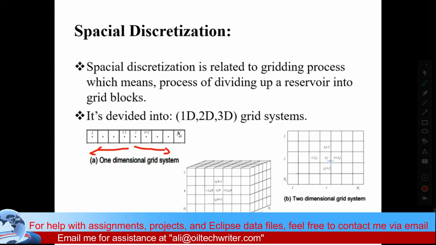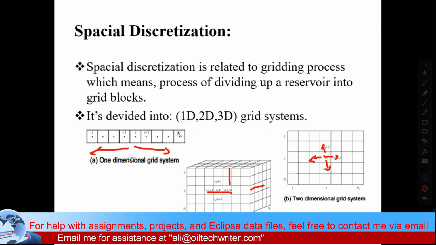Here the fluid can flow in this direction or that direction, so it has two directions: either the x direction or the y direction. So it is a two-dimensional grid block. Our real reservoirs are actually 3D, three dimensions. So it can go in this direction, this direction, and this direction. It has three directions. So these are the grid block systems.